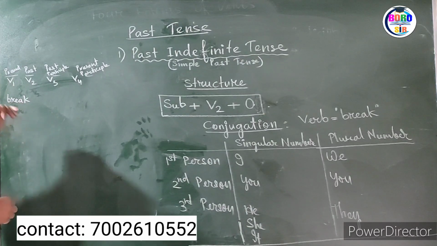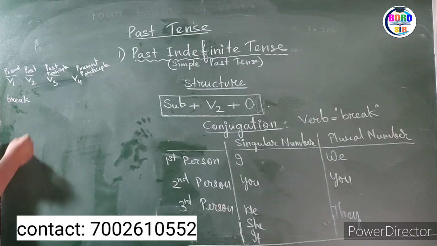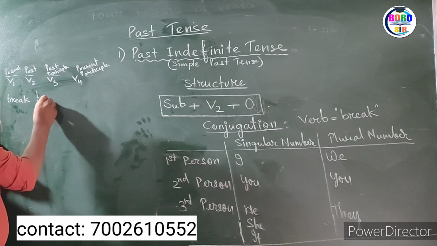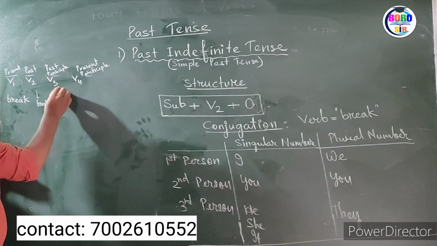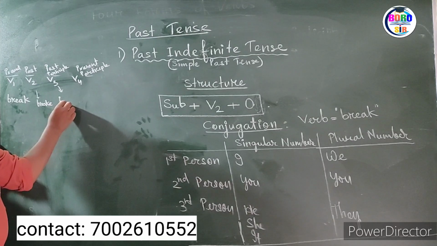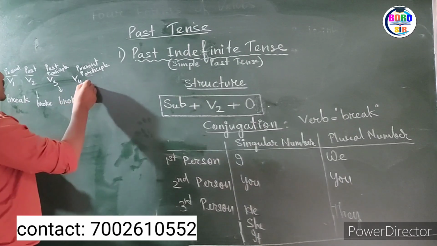And a little while ago we knew, what is the second form of break? Broke. So here I am going to write broke. And what is the third form of break? Broken. You have broken the chair, something like that.